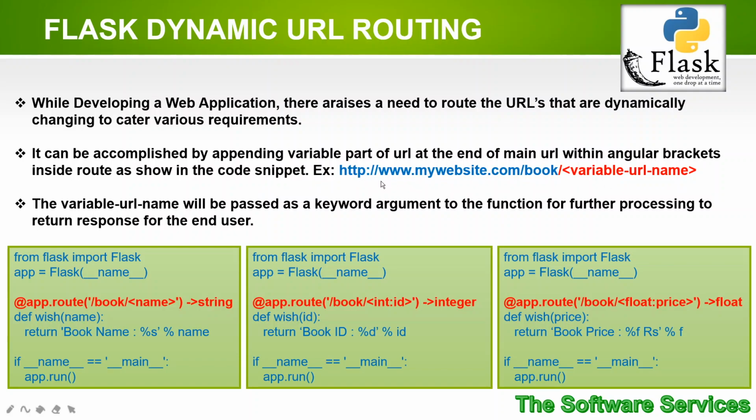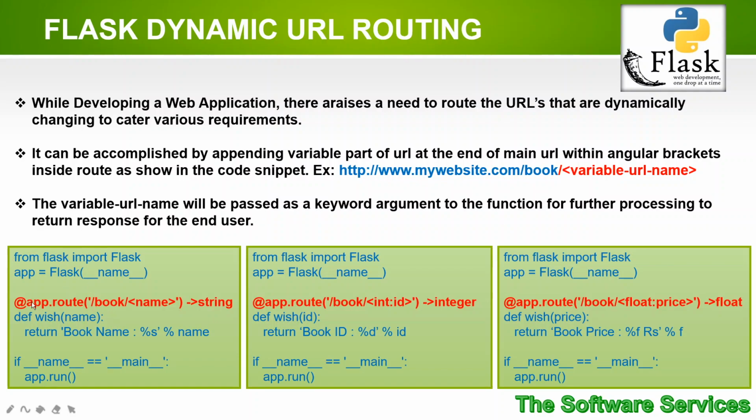So this type of URLs we should define inside the route decorator. Okay, so inside the route decorator we have to define this pattern, both the constant pattern and the variable pattern. How we have to define, we will see now, right?